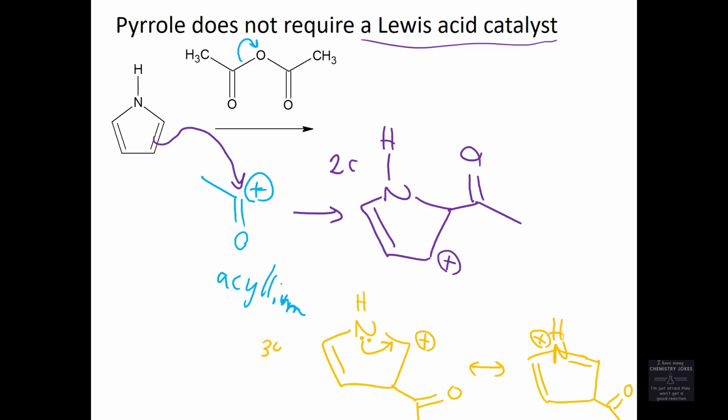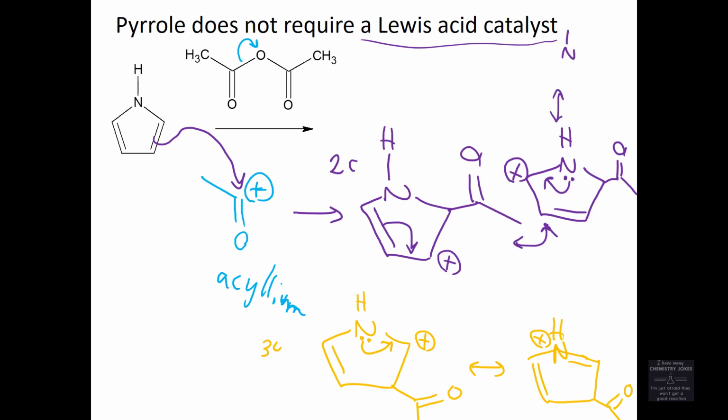So we get two resonance contributors from the orange, and up here with the purple, the pi bond can donate, and then the lone pair from nitrogen can donate. So the purple gives us 3 resonance pictures of our Wheland-like intermediate. 3 resonance pictures is better than 2 resonance pictures.